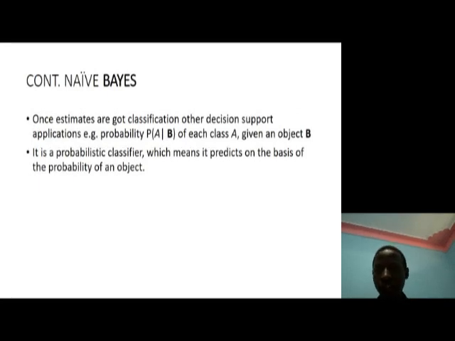Once estimates are obtained, classification and other decision support applications are given. So if you estimate, then the classification becomes easier, for example the probability of A given B for each class, given an object B. Naive Bayes is a probabilistic classifier, which means it predicts on the basis of the probability of the object.